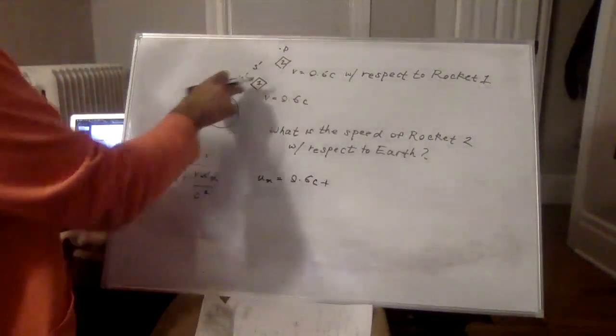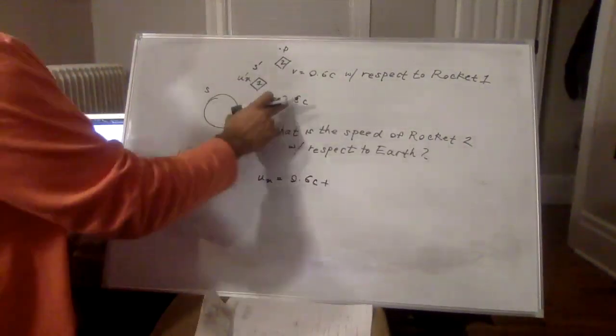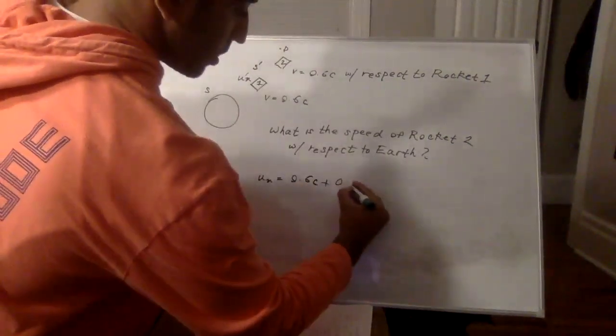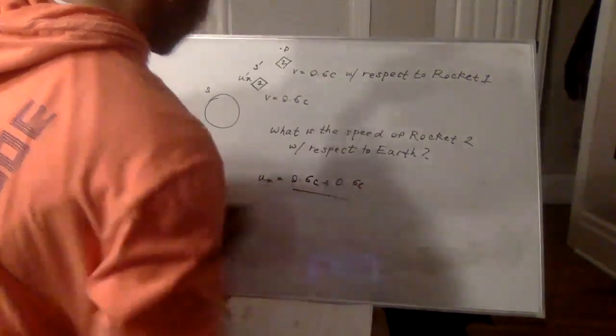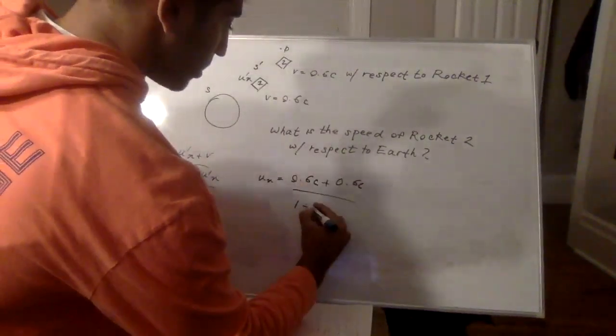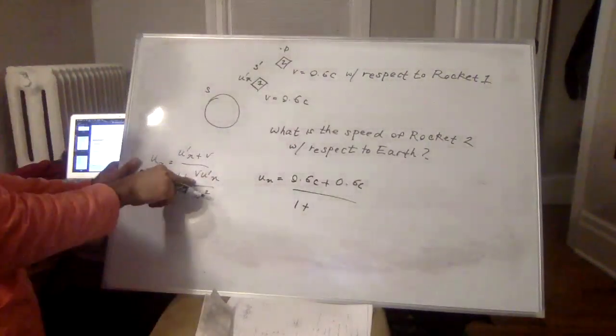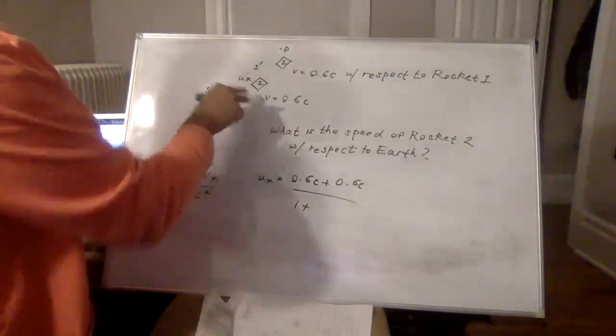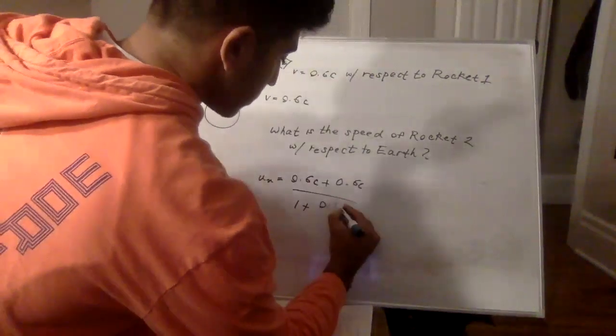And what is v? How fast is our moving reference frame moving? Also 0.6c, over 1 plus v. So what is v? How fast is our moving reference frame moving? 0.6c.